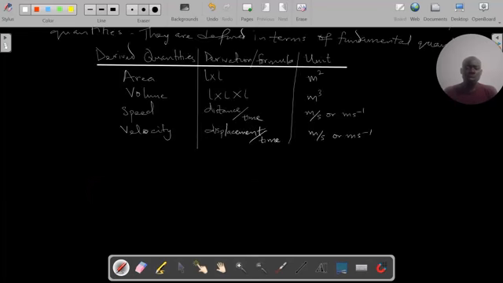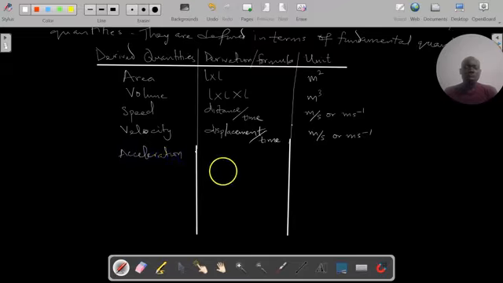In continuation, we have acceleration. Acceleration simply means change in velocity divided by time.